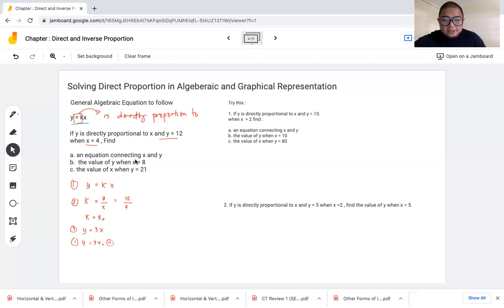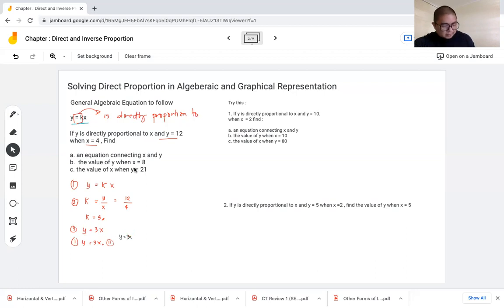Now, the second question here tells us that you're going to find the value of y if your x is equivalent to 8. So what does that mean? That automatically means that what you need to do is to use the equation that you acquired in the beginning. So your equation is y is equivalent to 3x.